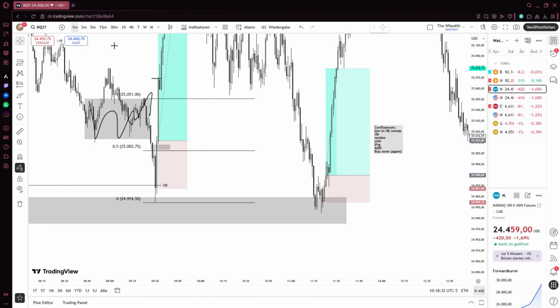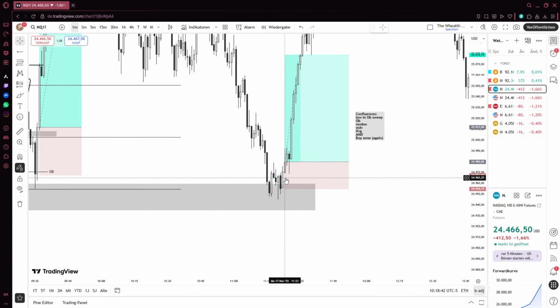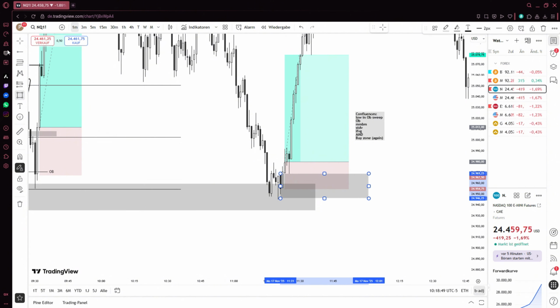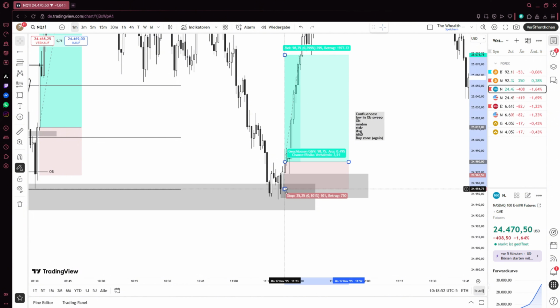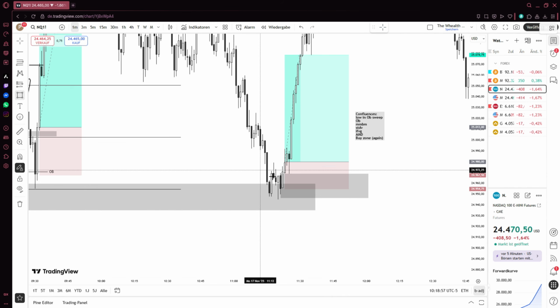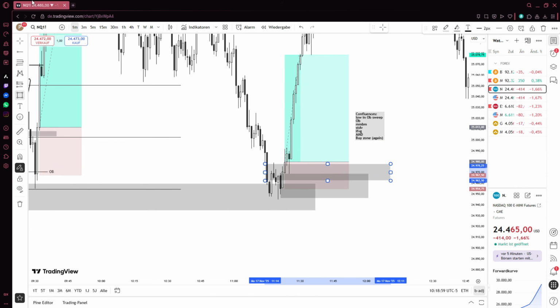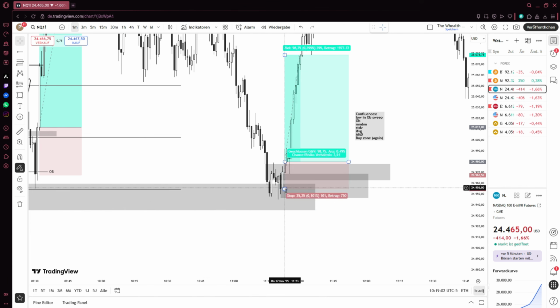We have another order block supporting us here, but I did not want to see it disrespect this inversion fair value gap, so I pulled my stop again below the bodies here.